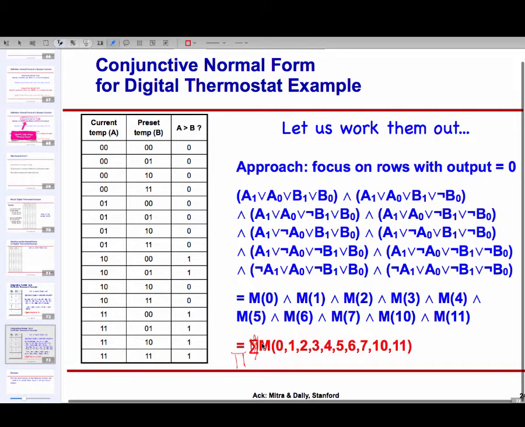So for conjunctive normal form, start with rows which have an output of 0, take the corresponding max terms and AND them together. For disjunctive normal form, start with rows which are 1, write the corresponding min terms, and OR them together. They give the same function. Given this function, you can go to the other one by using De Morgan's theorem. They are implementing exactly the same function.